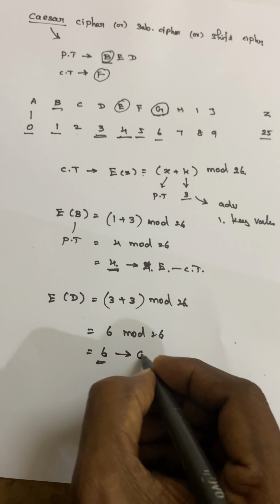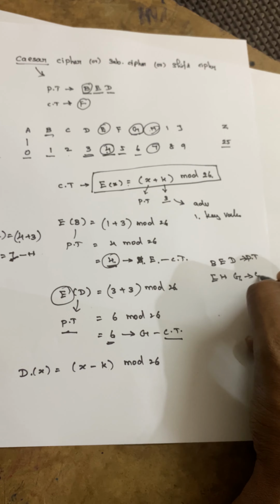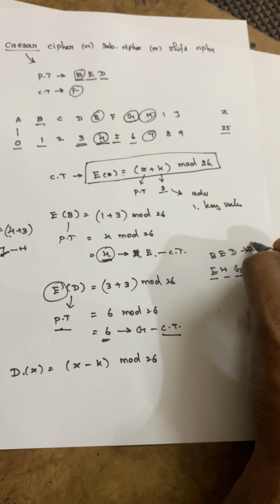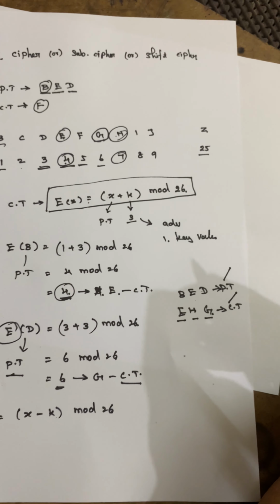E again is 4. 4 plus 3 mod 26 will be 7. So what is the letter for 7? It is H. So our ciphertext value will be H. Our plain text is BED, and our ciphertext, that is our output, is EHG. This is our original message, this is our modified message.